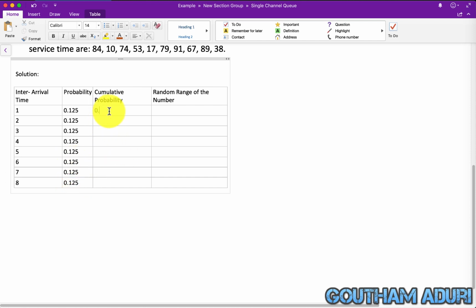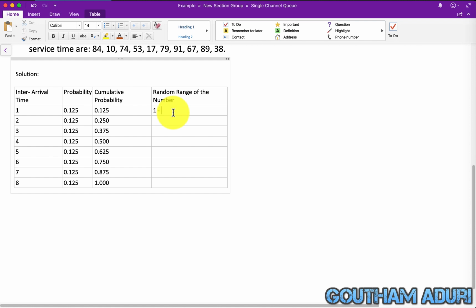So the cumulative probability is 0.125, 0.250, 0.375, 0.500, 0.625, 0.750, 0.875 and 1.00. The random range is in 3-digit format, so you can start from 1.